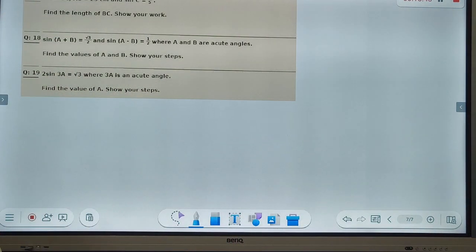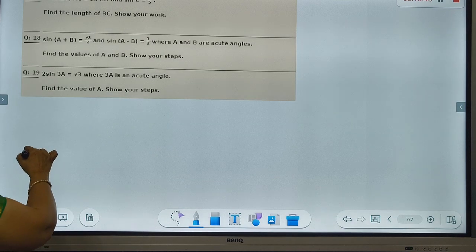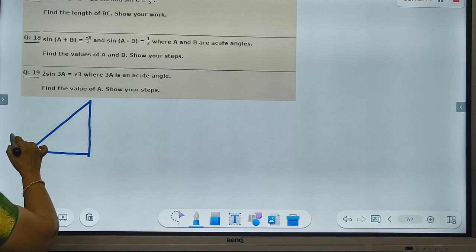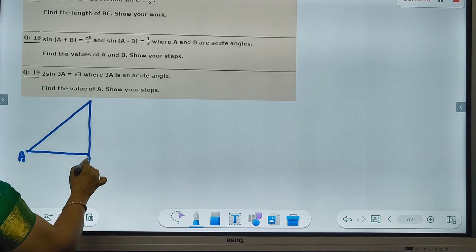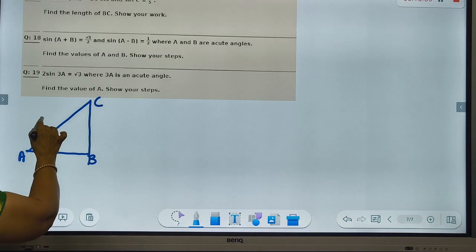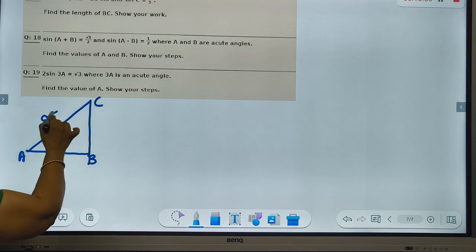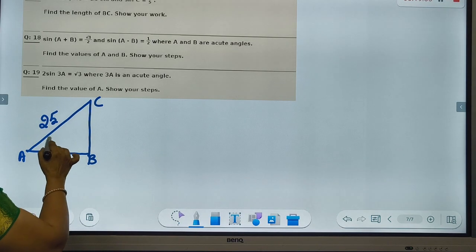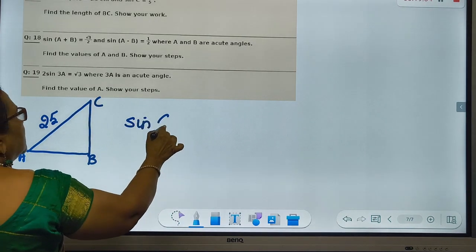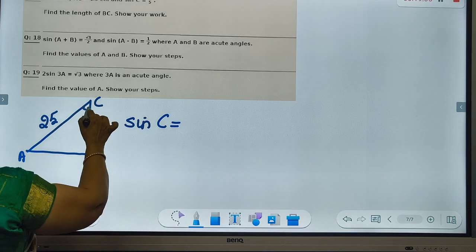Next question, in a triangle ABC, AC is equal to 25 centimeter and sin C is 4 by 5. What is sin C? Opposite side by hypotenuse.